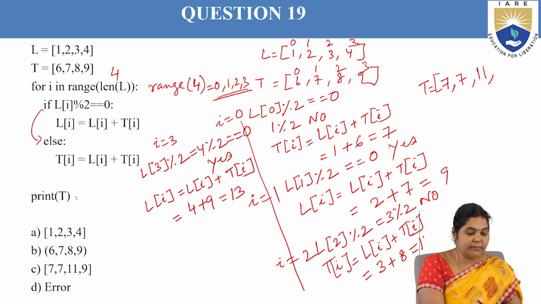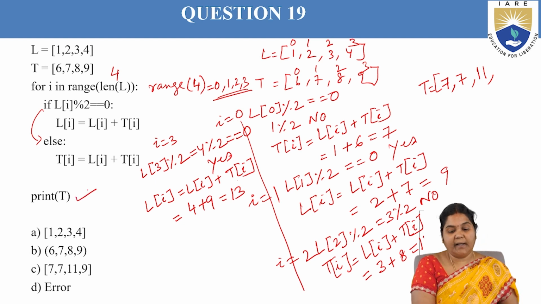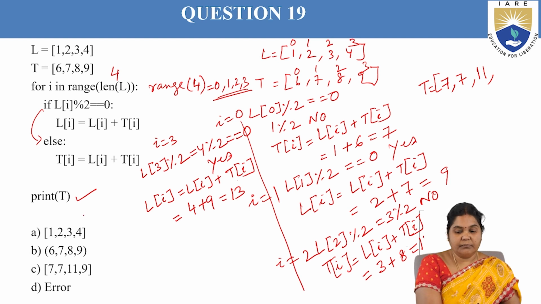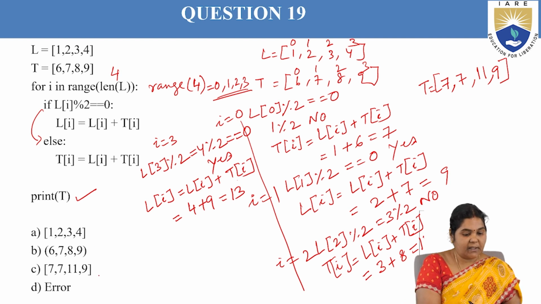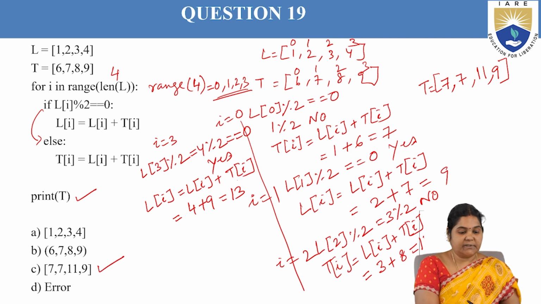But what is given to print? Print the final values available in T, which is nothing but 7, 7, 11, and 9, because the fourth time there is no change to T. So the answer is C, which is correct.